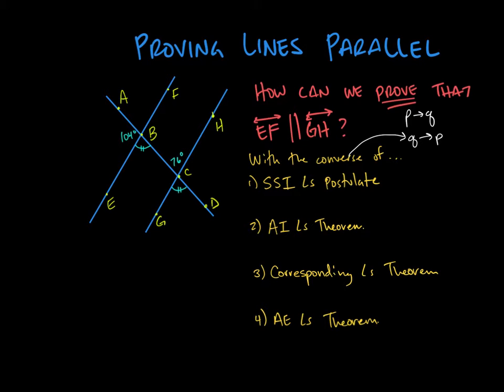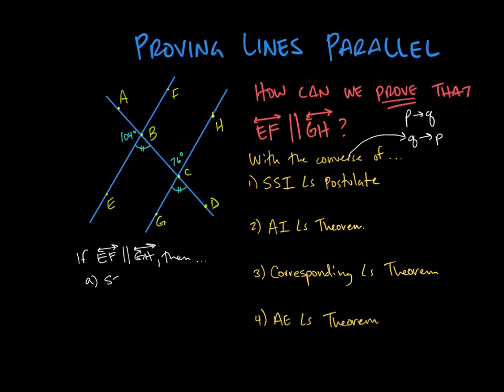Well, remember we said in a previous video that if two lines are parallel, let's use the lines that we have in this picture. If line EF was parallel to line GH, if that was true, then there's four things we could say would have to be true.